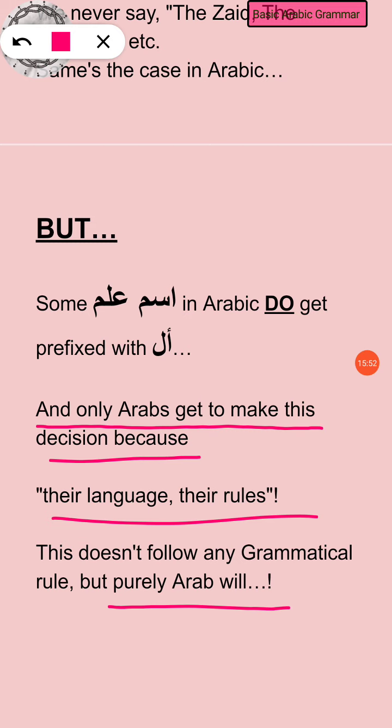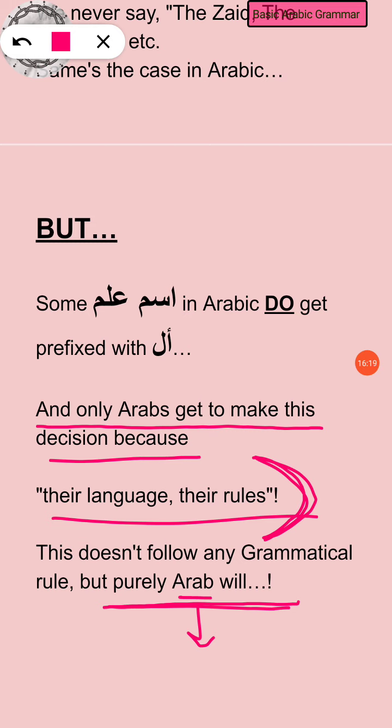So it's the pure Arab will, and by Arab I mean the Arab linguists, not any Arab would do. It's upon them, how they have decided. So their language, their rules. Just remember this phrase, because it is going to be used a lot when we are studying Arabic, inshallah. Their language, their rules.